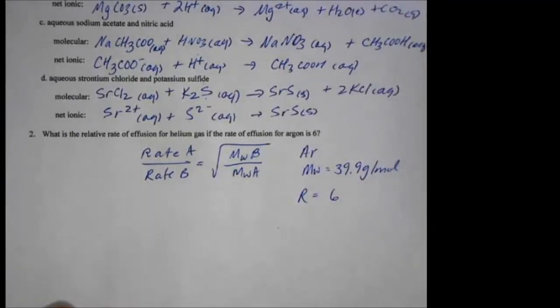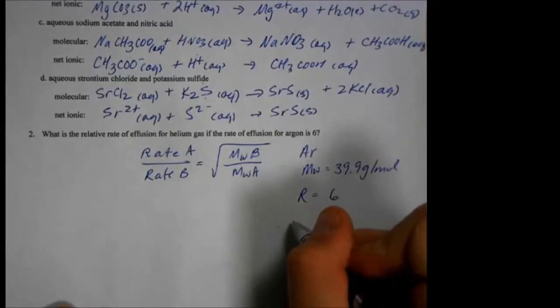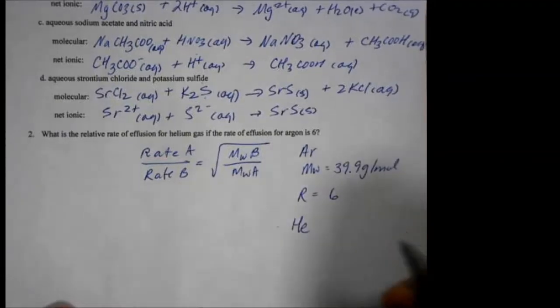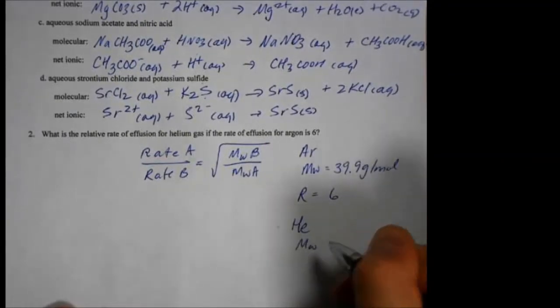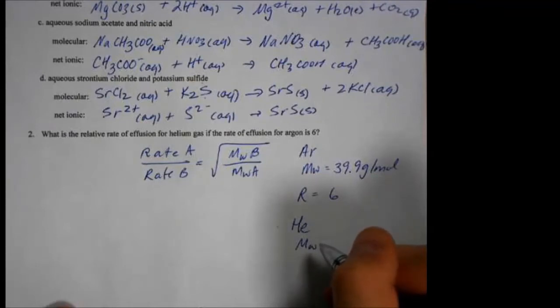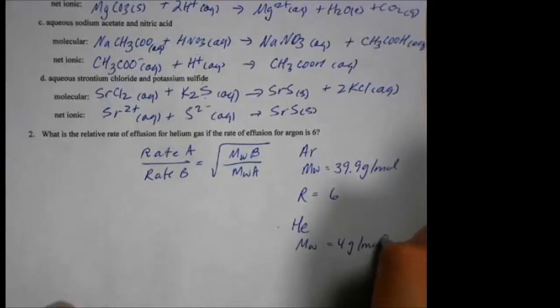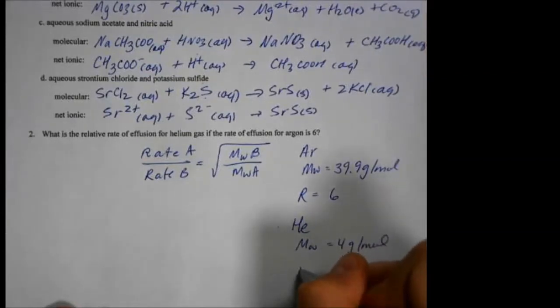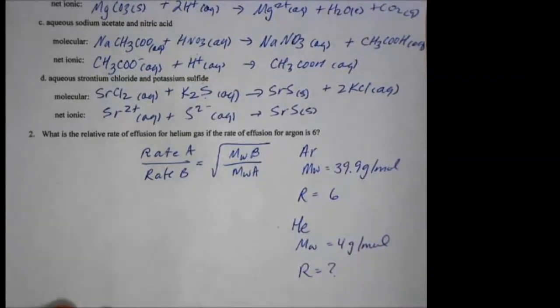I don't give you any units, so don't worry about it. And the gas molecule B is going to be helium, which has a molecular weight of 4 grams per mole. And we're interested in what is the rate.